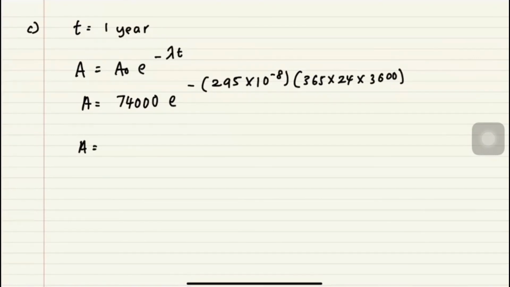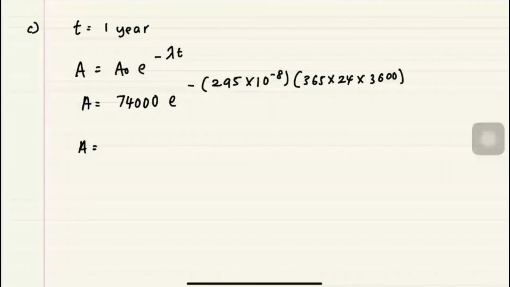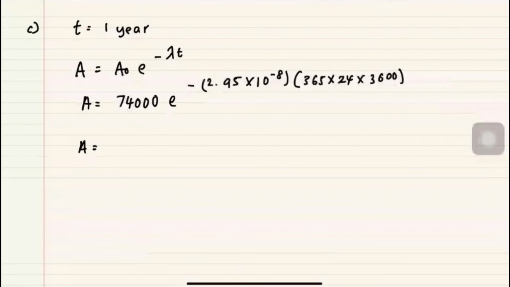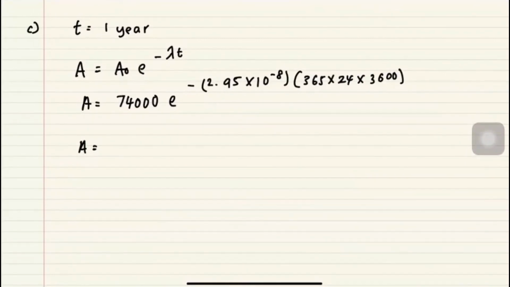So after 1 year, my activity now becomes 2.92 times 10 to the power of 4. Dapat tak? Sama sir. Sama ya, good.